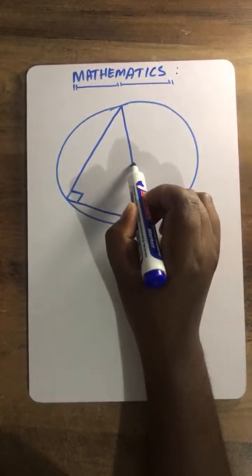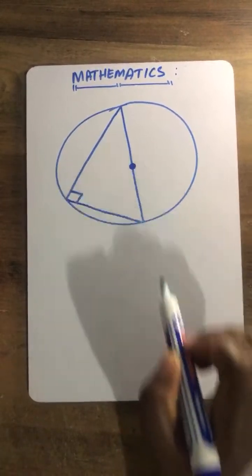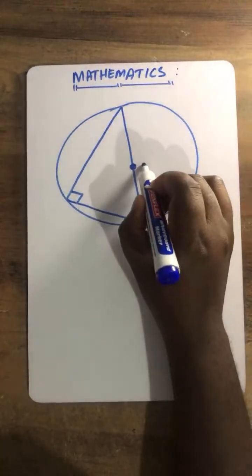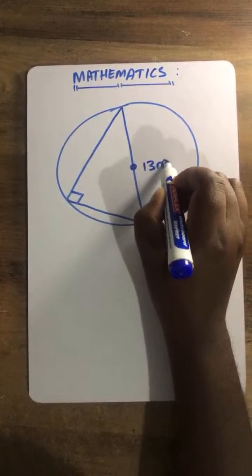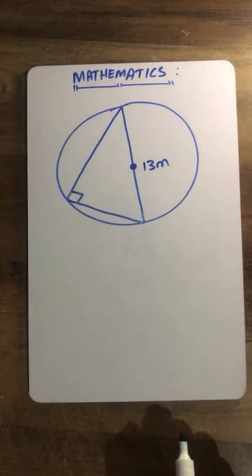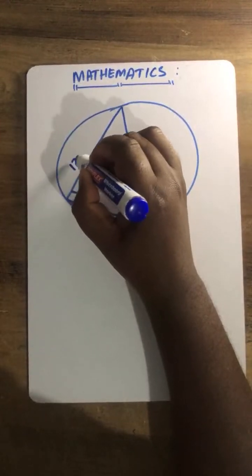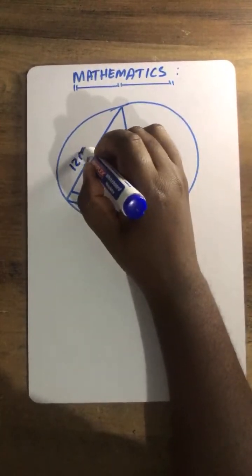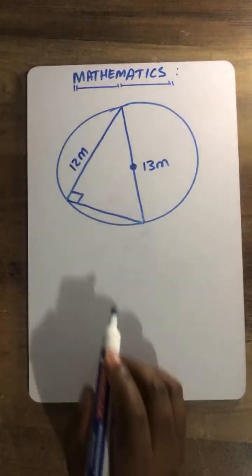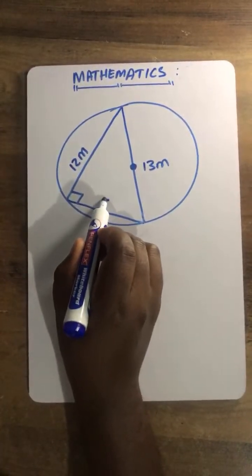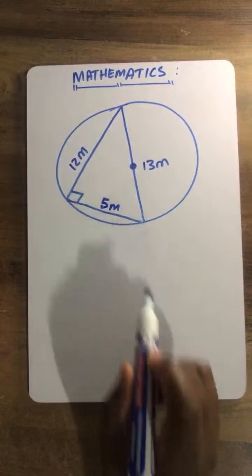And then this is the center of the circle. And then that is 13. And then this side is 12 meters, and this one is 5 meters.